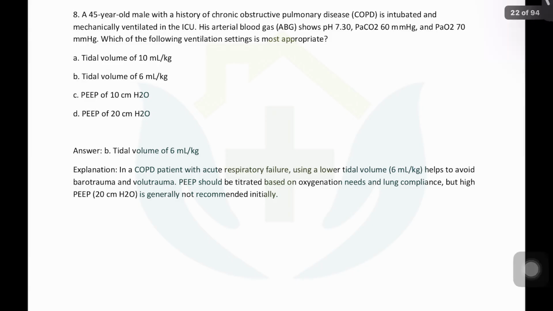So high PEEP is not required. What is the target PaO2 in patients ventilated for ARDS? 60 to 80. So the patient falls in that range. PaO2 is 70, so we don't want any extra PEEP in this patient. Whatever PEEP is being given is absolutely fine.